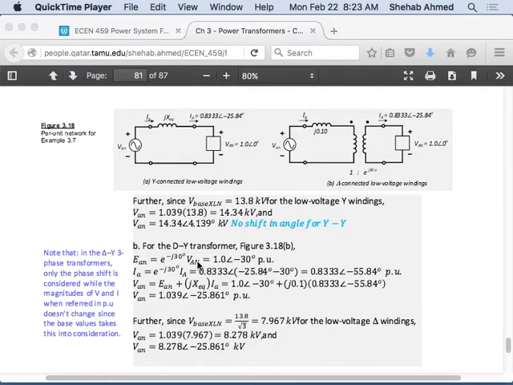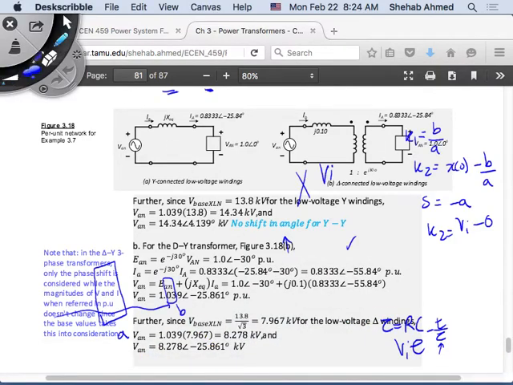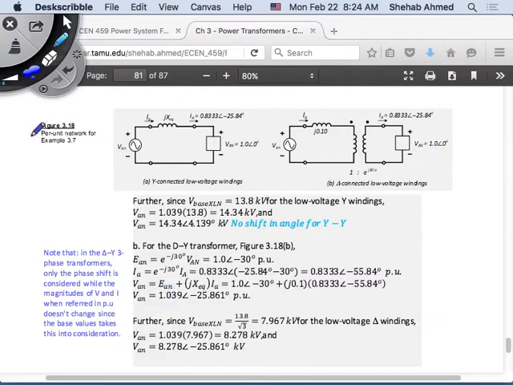So how did we choose the base now? Always go back. We said that the ratio of the bases should always equal the ratio of the terminal voltages. Right? So for this delta star transformer, my terminal voltage here was what? 199.2 square root of 3.